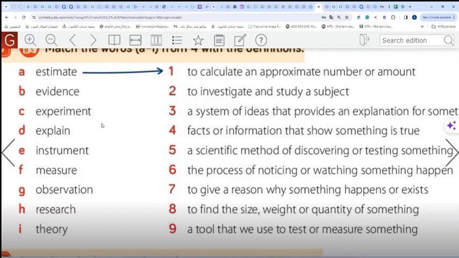Dear students, what about evidence? Number 3. A system of ideas that provides an explanation for something. Okay.